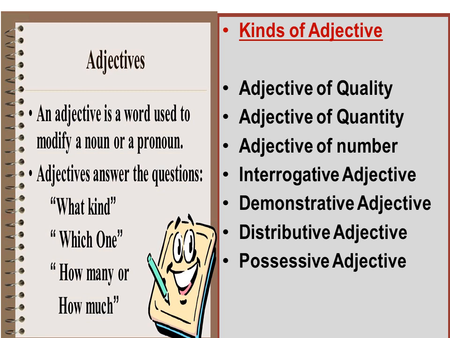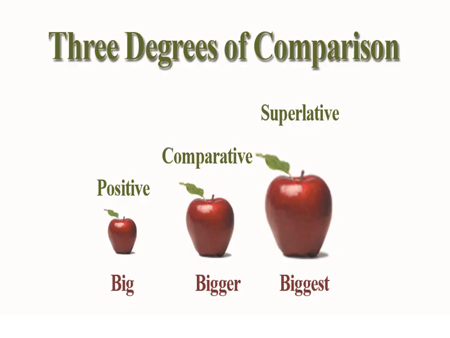Let's see what the comparison of adjectives is. The comparison of adjectives is also called the 3 degrees of comparison. They are the positive degree, comparative degree and superlative degree.